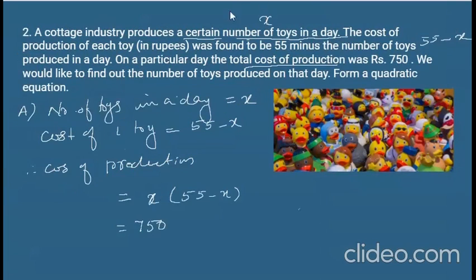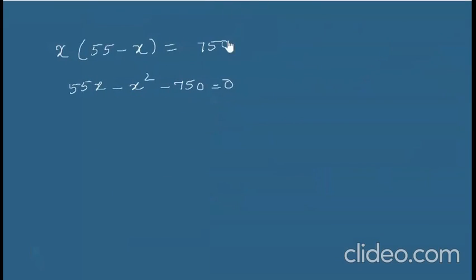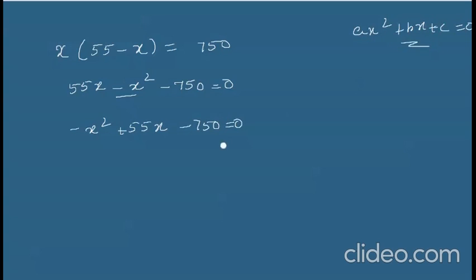So this is how we have to simplify this. So let's write in the final form. Let us write negative x square first, plus 55x minus 750 is equal to 0, because we know the standard form is ax square plus bx plus c is equal to 0.